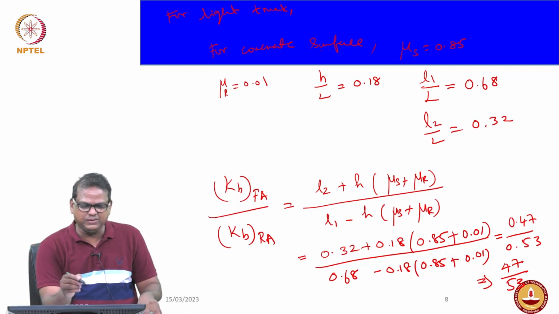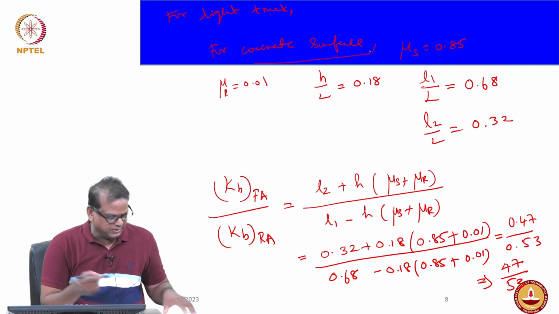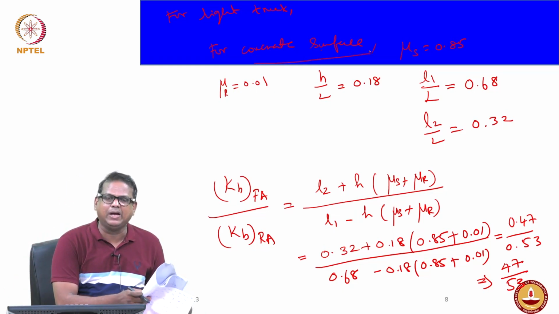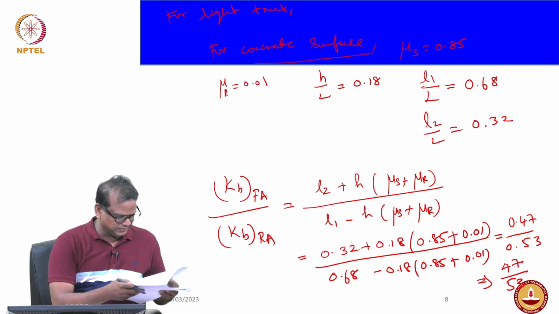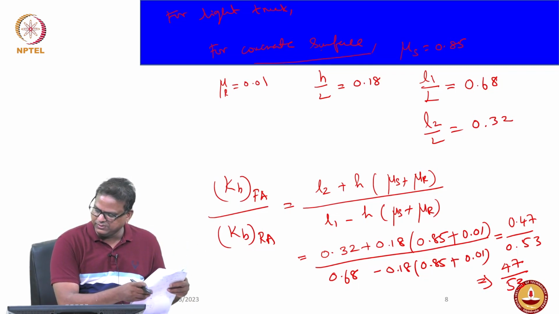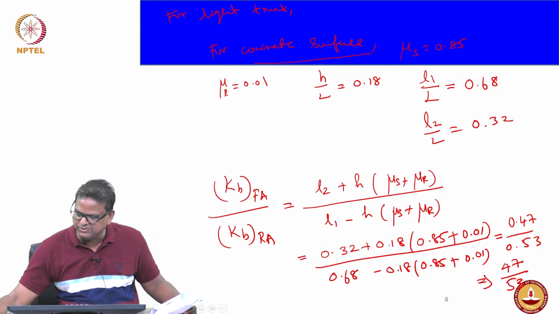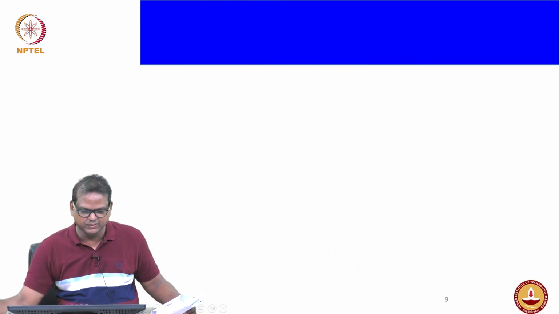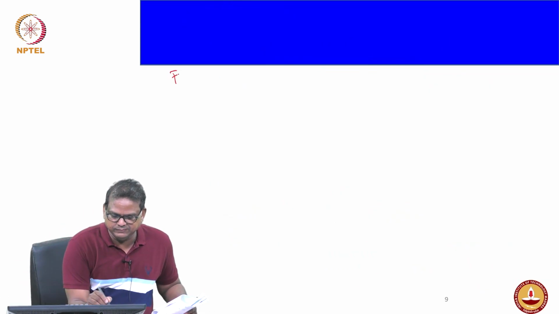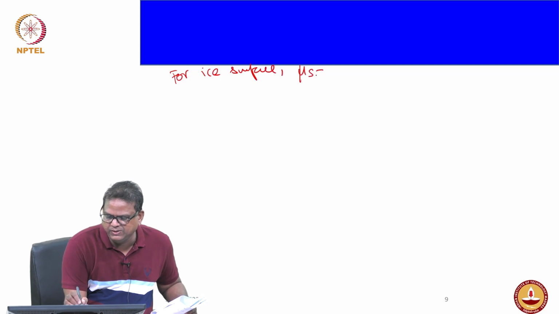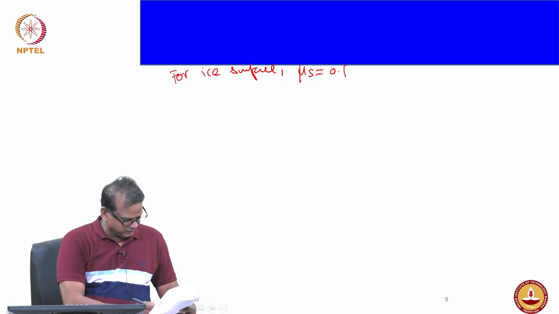So this is for the concrete surface. Let's see what happens if we have an ice surface. I just wanted to see how the proportion is going to change. For the ice condition, for an ice surface, mu s is usually 0.1, very low coefficient of friction.